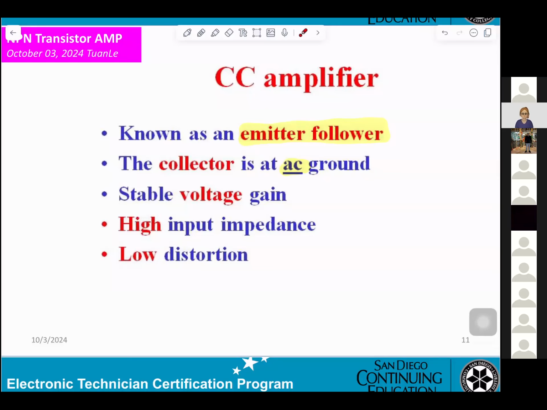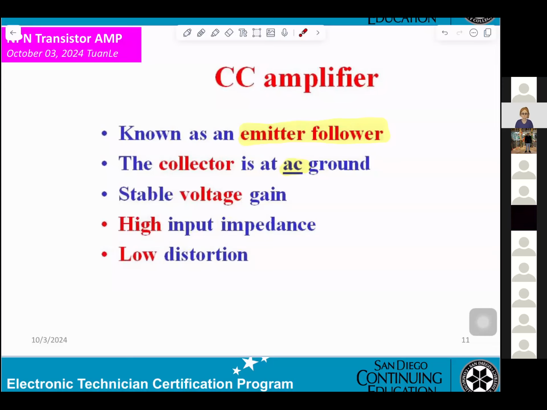Common collector amplifier, the collector will be connected to the route. That is common for the amplifier. And it has another name, emitter follower.